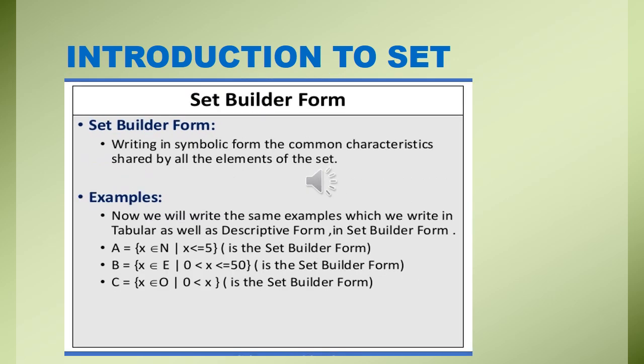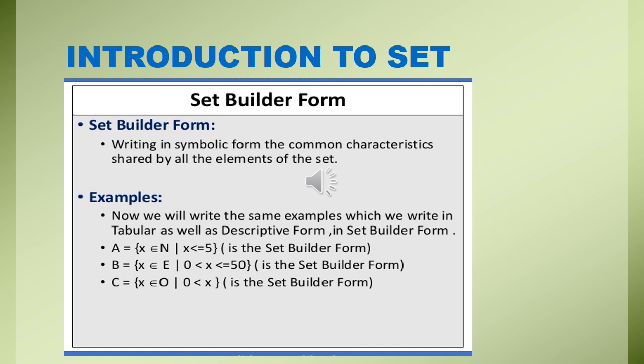Now we come to set builder form. Actually, in set builder form, we use symbols expressing the characteristics of all the members or elements of a set. Set builder can also be used to express sets with an interval or equation stating characteristics of its elements. Clear? I will take some examples for you so that this concept will be clearer to all of you.